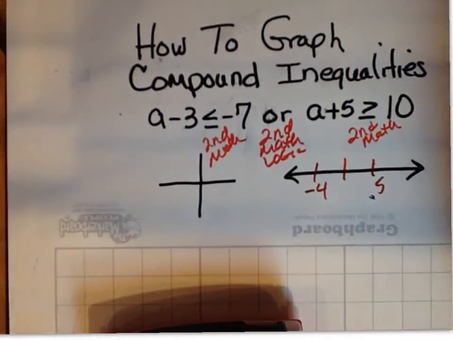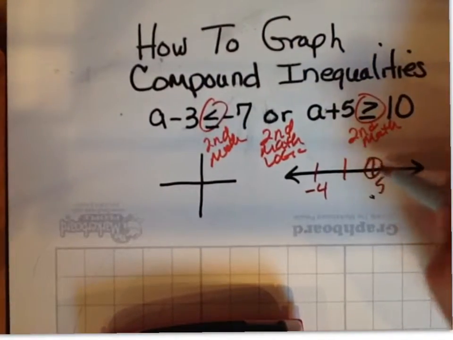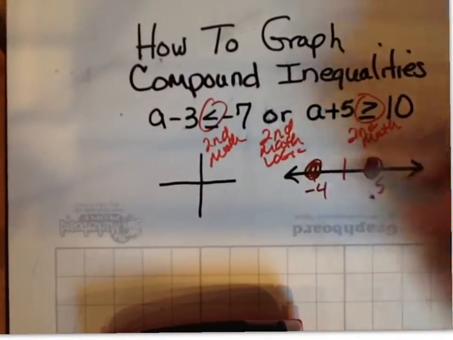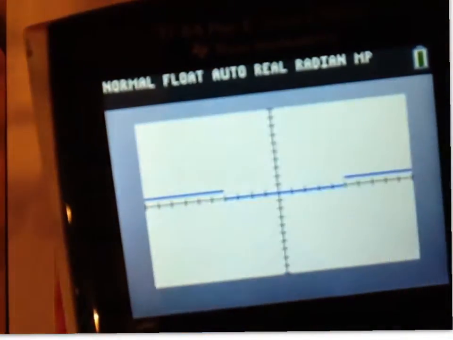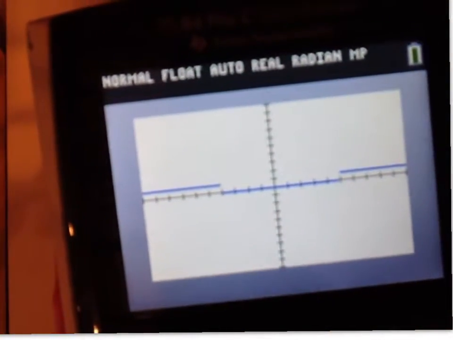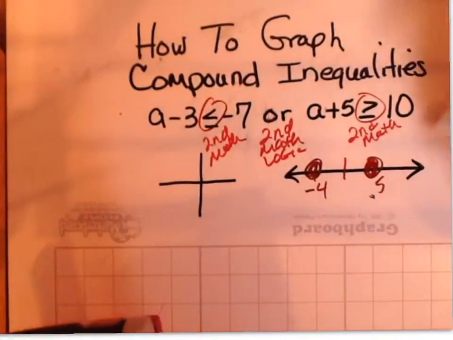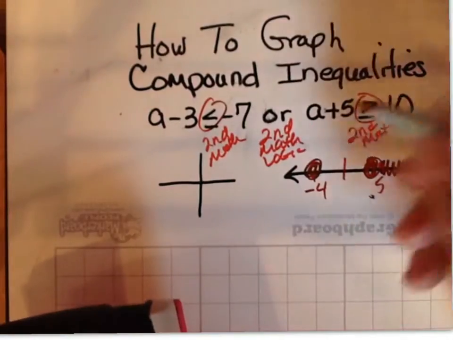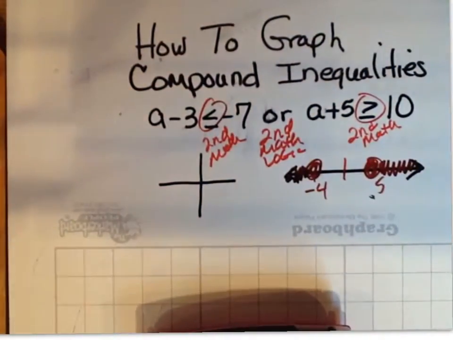Remember, I have a line underneath, so closed dots at both. And then from those points, if you look here at the graphing screen of the window, the part above the x-axis is where I shade. So I shade from 5 over this way and 4 over that way. And that is my or compound inequality.